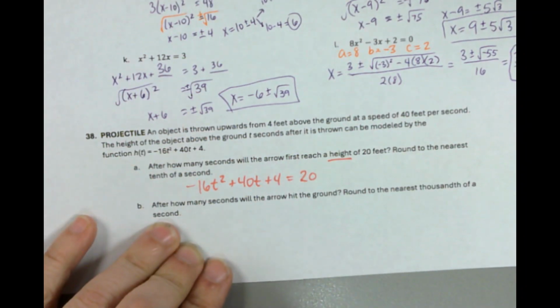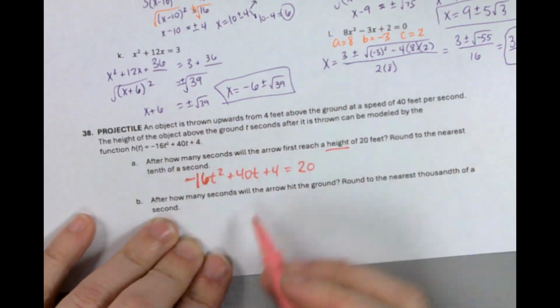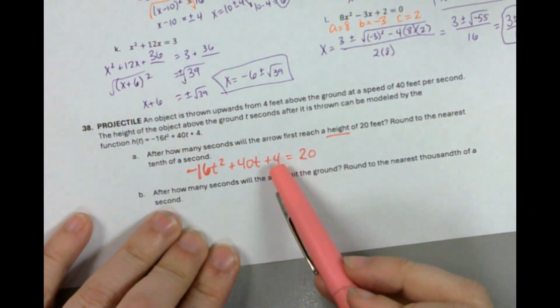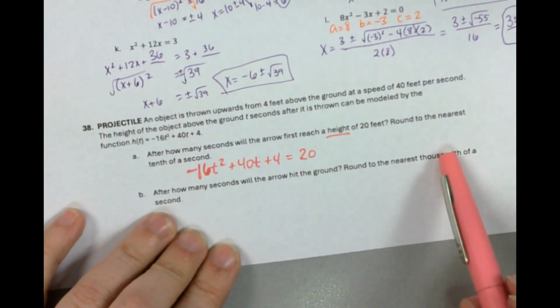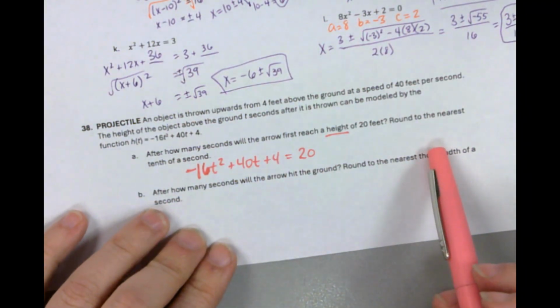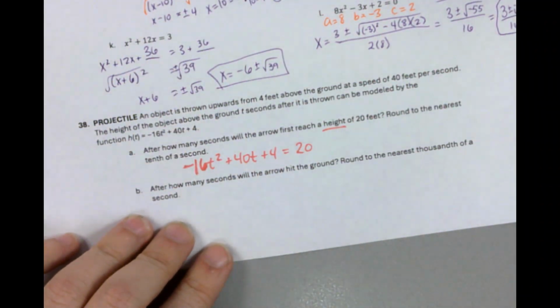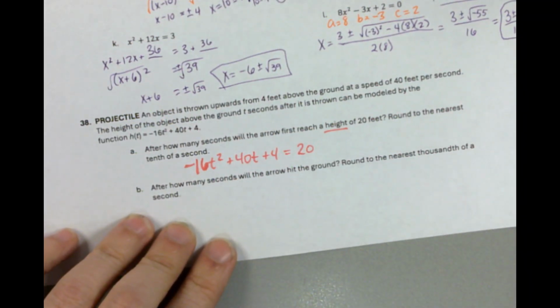Now, I will say, partially because it's late, but also because this is just a lot of work, you can subtract the 20. This would be negative 16, and then you could do quadratic formula. You could technically factor it, or you can do my favorite thing, and that is graph it. Because usually we don't get to solve by graphing.